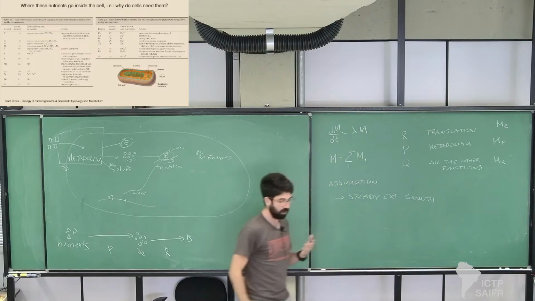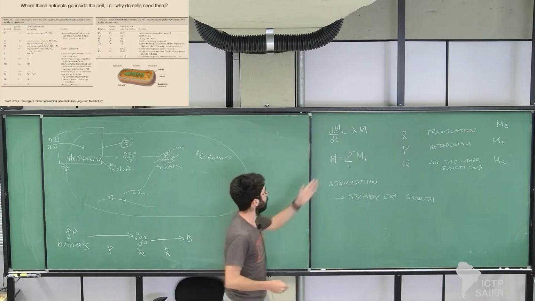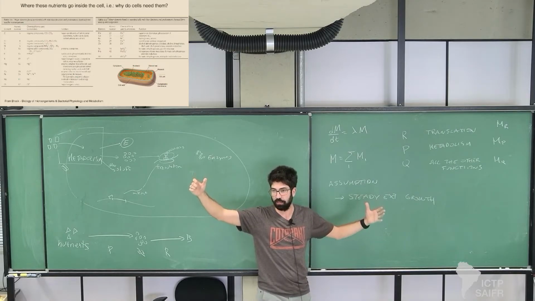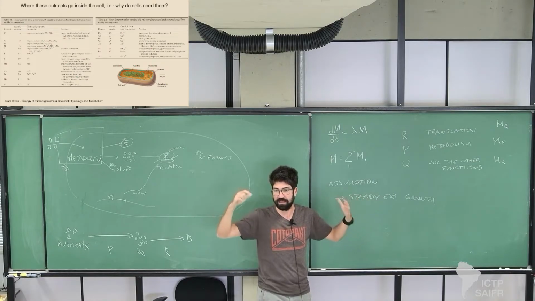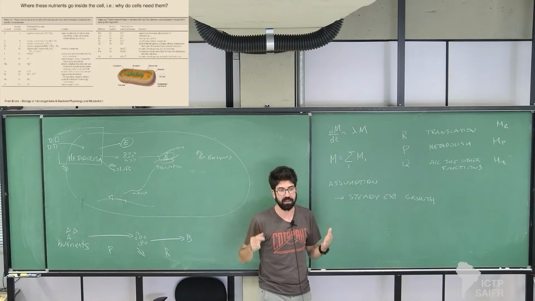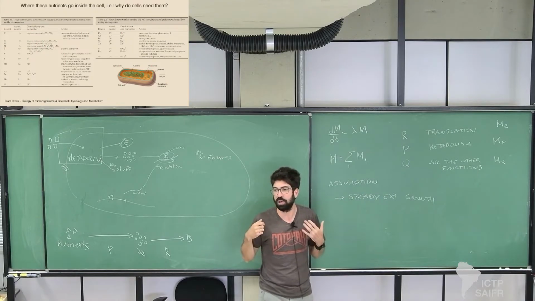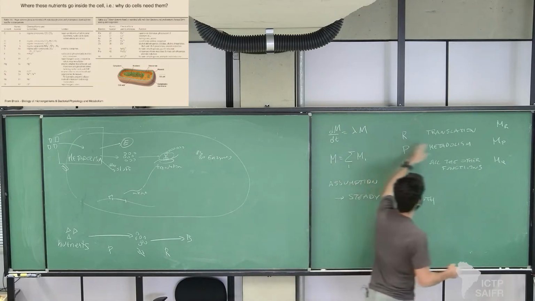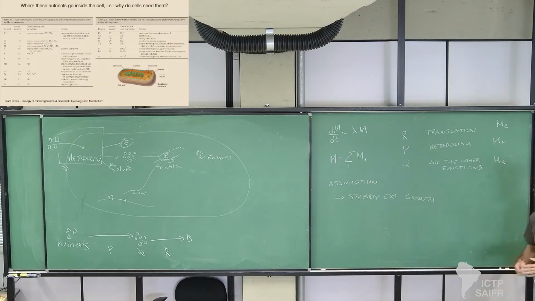What does it mean? Specifically, this means that of course, the total size of my colony is growing exponentially. But the fact that it's steady means that the cell is not changing what it's doing. So it means that all these three components are growing exponentially, but their relative fraction is constant.